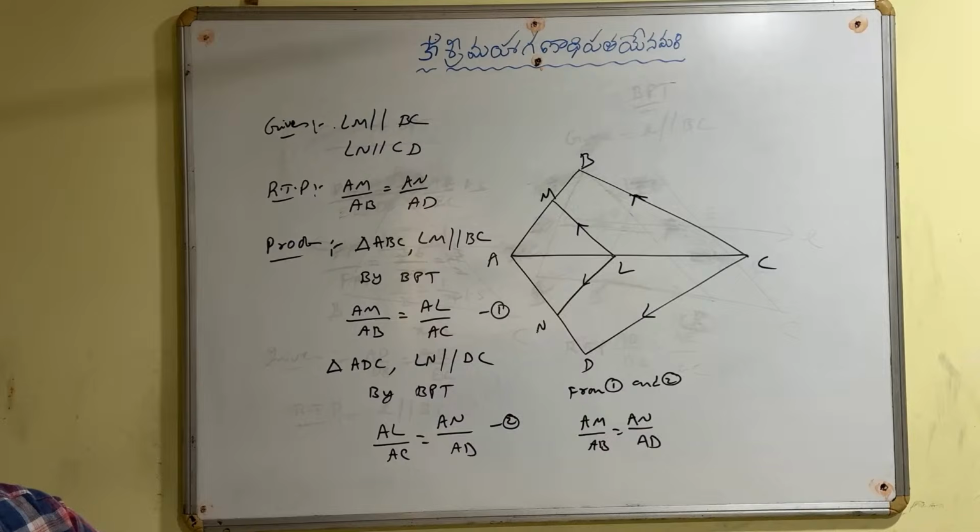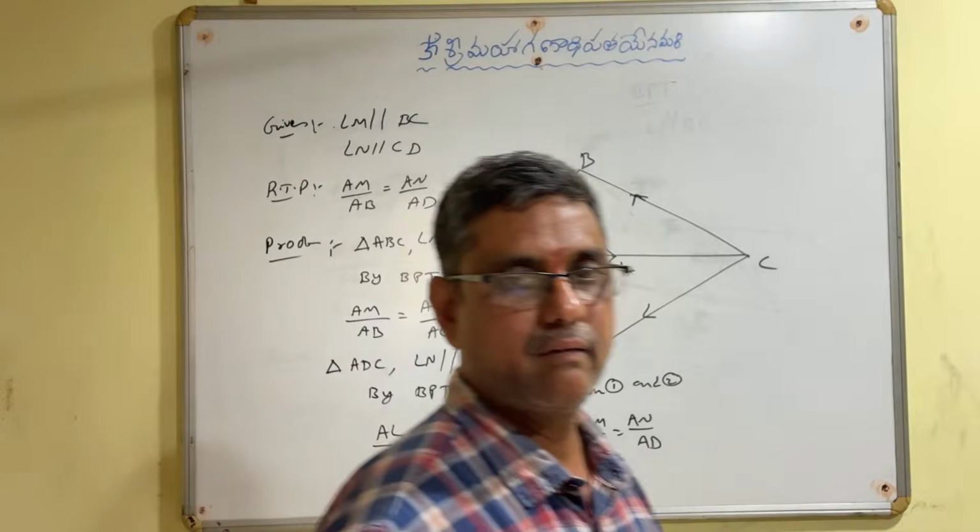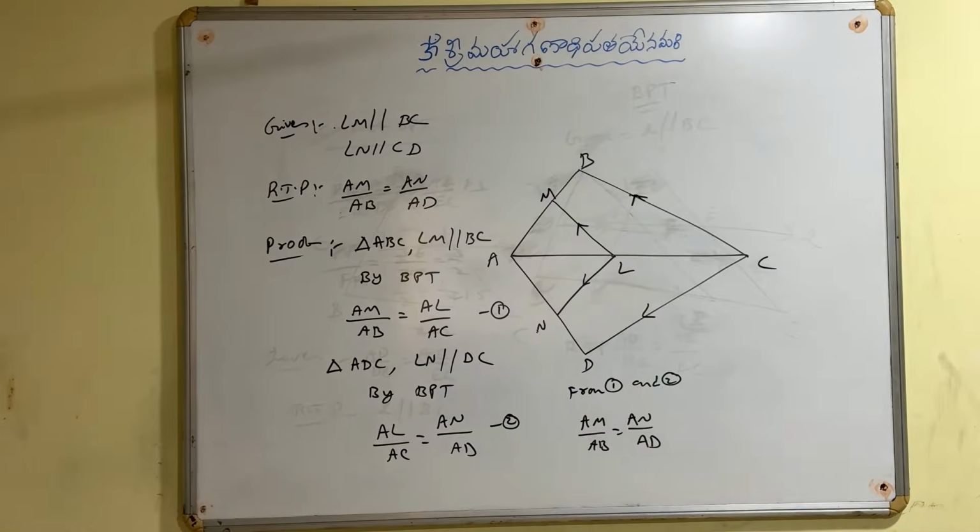First I consider triangle ABC, second triangle ADC. In both triangles I applied the basic proportionality theorem and got two equations: AM by AB equal to AL by AC, and AL by AC equal to AN by AD. Okay?